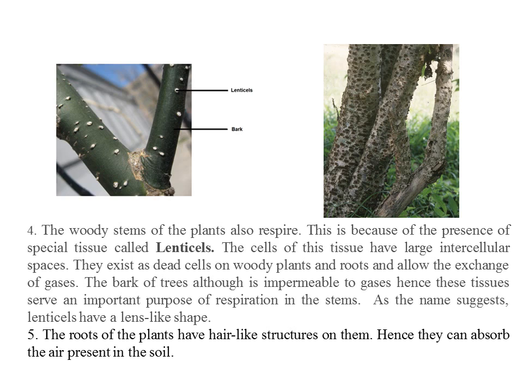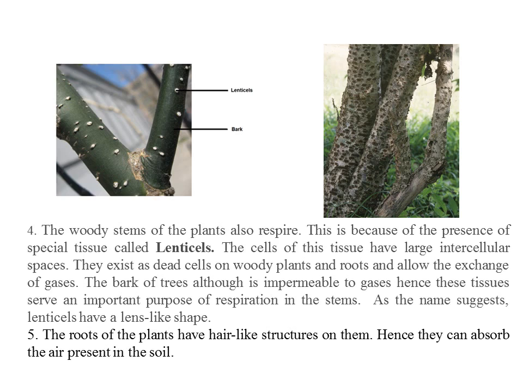So here, the lenticels are the special tissue, and the cells of this tissue have large intercellular space, and they exist as dead cells on the woody plants and the root that allow the exchange of gas. And the bark of the tree, although, is impermeable to gases, as the woody plant has dead cells, and that dead cell is unable to exchange gas.